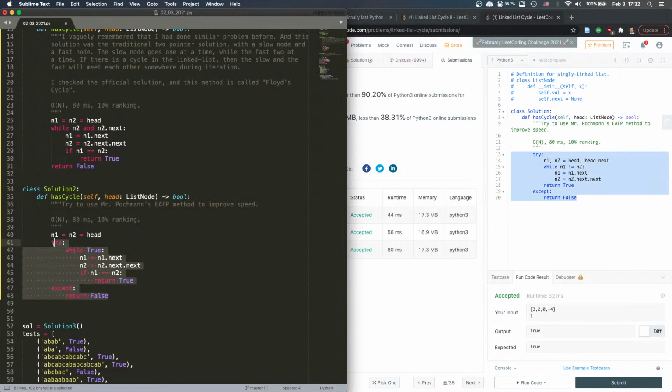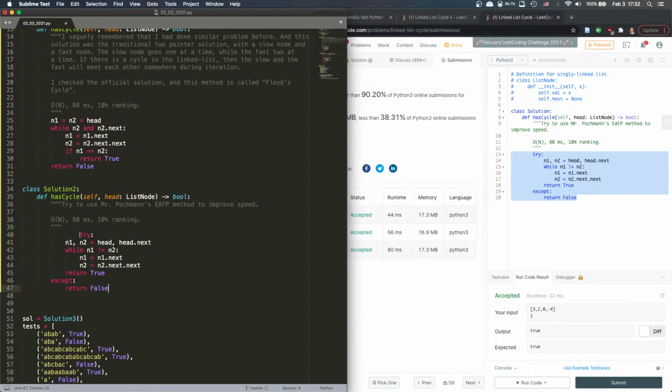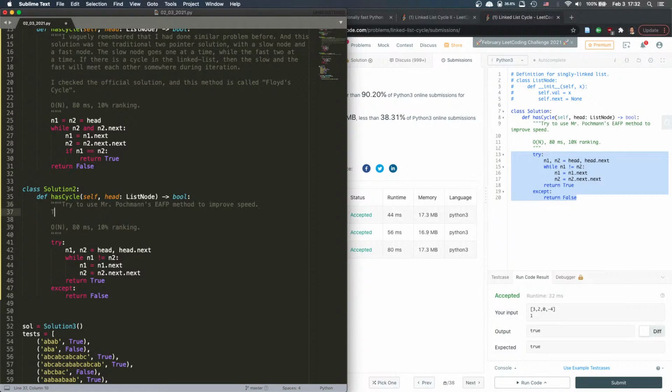This is exactly his code, and it does improve tremendously. So we go from 80 to 44. I'm going from 10% to 90% ranking.